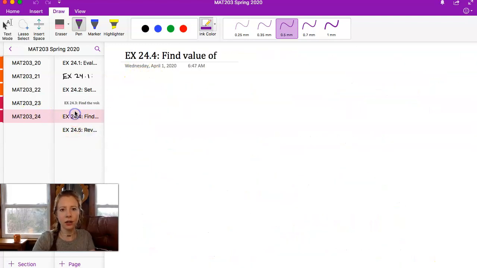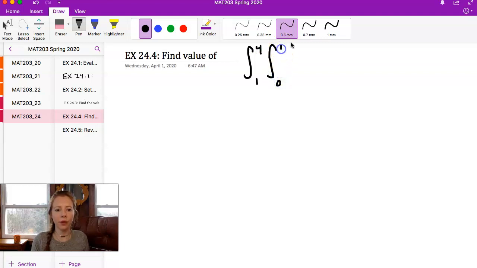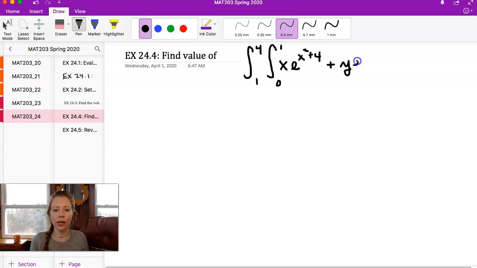And once again, feel free, once I actually give you the expression, to try this out on your own. And so we're going to find the value of the integral from 1 to 4 and from 0 to 1 of x e to the x squared plus 4, so x squared plus 4 is our power, plus y e to the y dx dy.